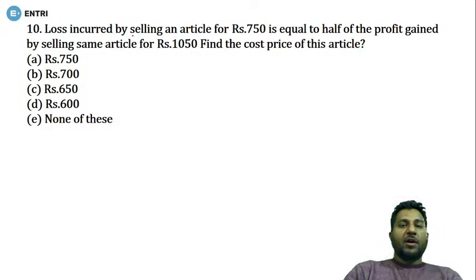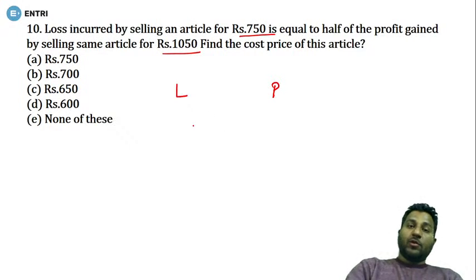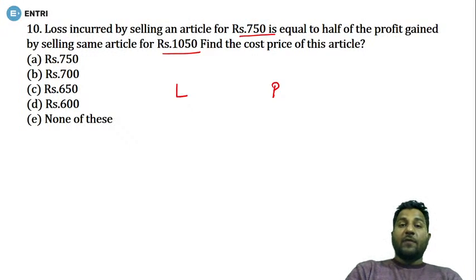The next says loss incurred by selling the article for rupees 750 equal to half of the profit gained by selling the same article at 1050. So in the first case we are getting loss, and in the second case we are getting profit. It is a similar question to the one we got in the first place.